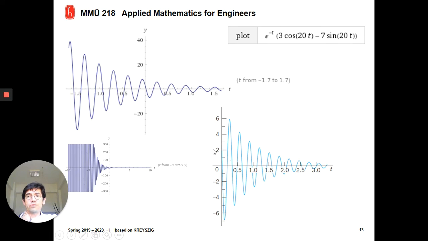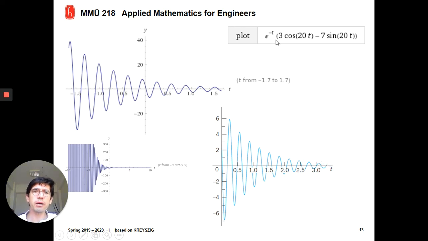So in reality, my result needs to be cut from 0, and there is nothing like minus time in this way of looking. And this is some sort of an exponential decay.